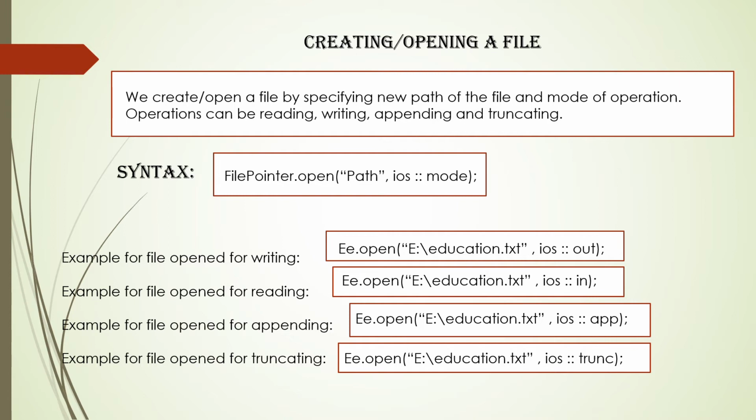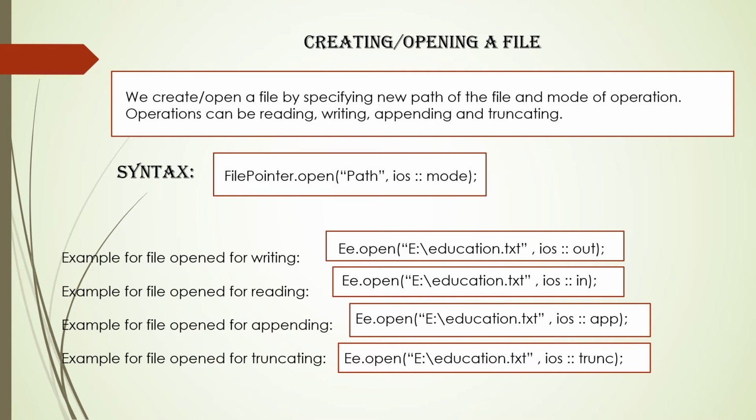If you have to open the file for writing, that is, in writing mode, then in the mode section you have to mention ios, scope resolution operator, out. And if you want to open in read mode, then ios::in.